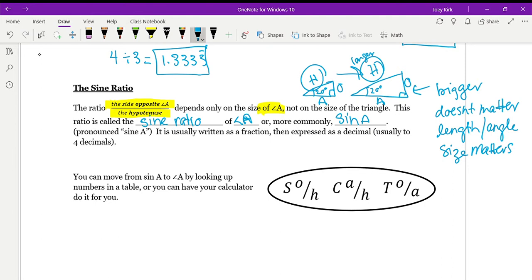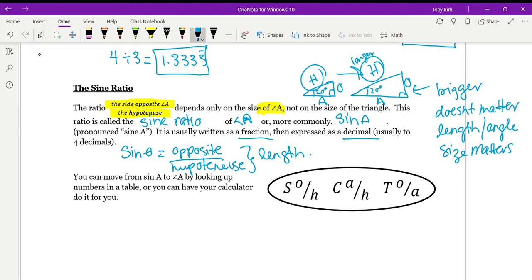Again, written as a fraction, expressed as a decimal, so sine of your angle is equal to the length of the opposite over the length of the hypotenuse. So just remember that these values here are the length.